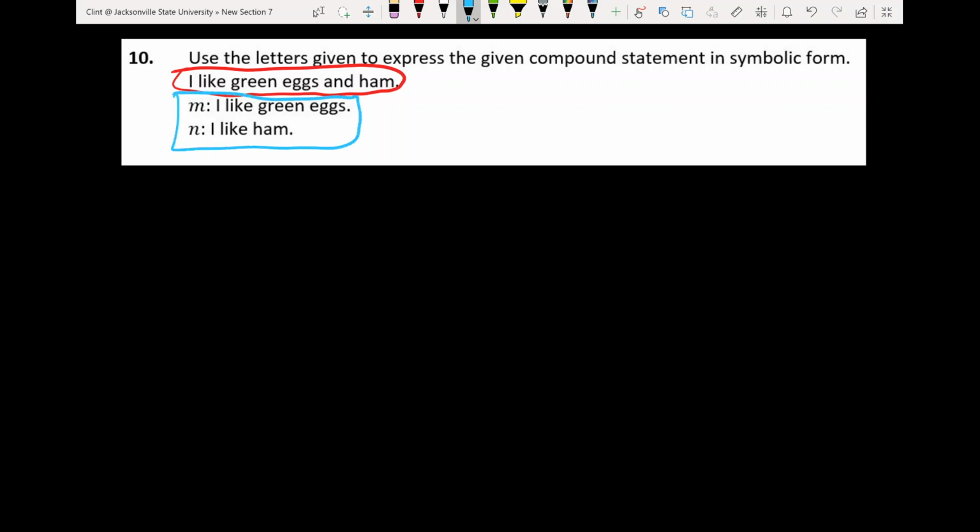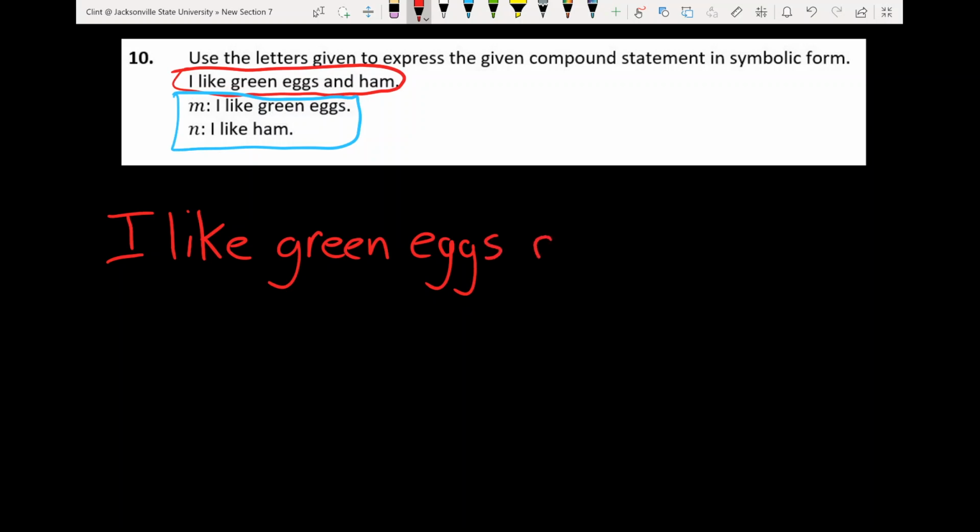Statement M says, I like green eggs. Statement N says, I like ham. One thing that might be a little tricky on this one, we can rewrite the sentence, I like green eggs and ham. We could say, instead, I like green eggs, and I like ham.